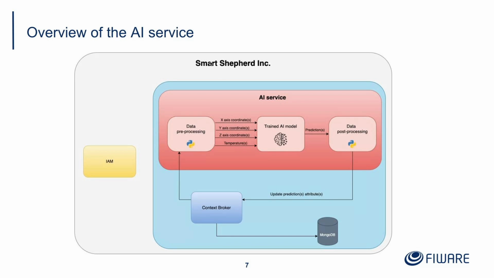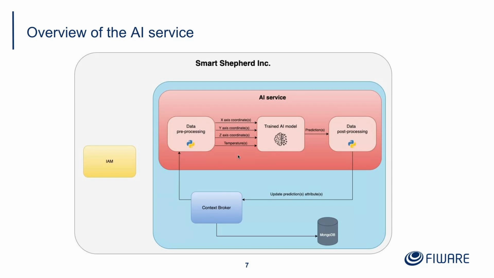As you know, Smart Shepherd is our AI service provider, and in its environment, we have a context broker through which we get the real-time data of the animal coordinates and the temperature. There will be a first phase in this AI service, which is the data pre-processing. As you know, the data comes from the context broker in NGSILD format. The first phase is to transform this data from NGSILD or JSON to a format which is suitable to our trained AI model.